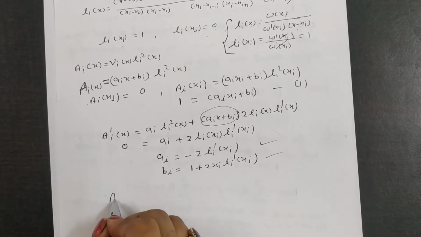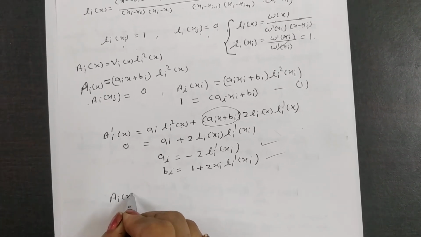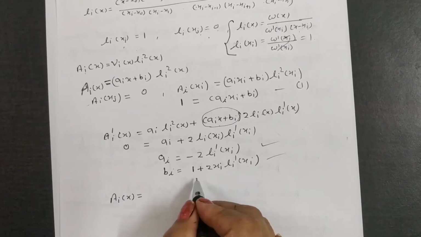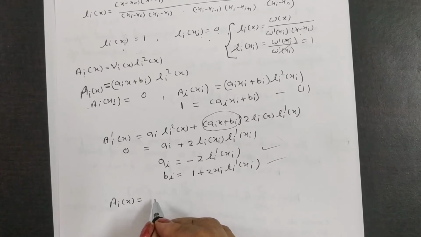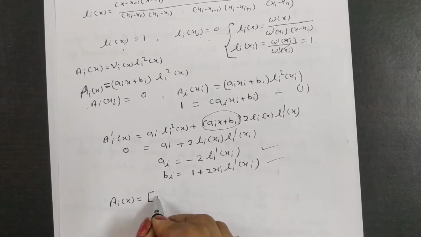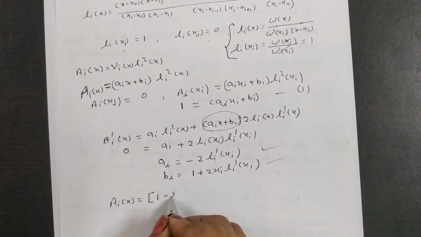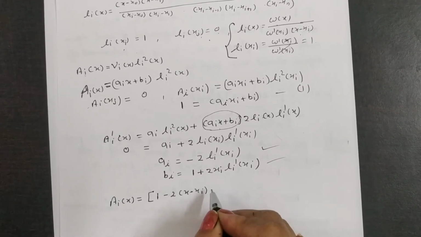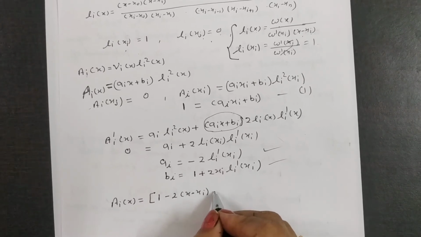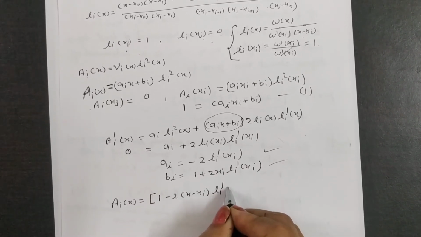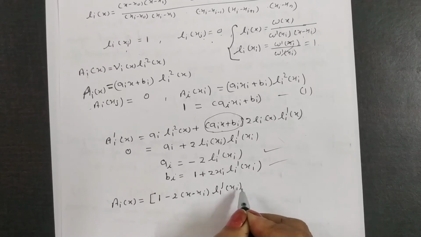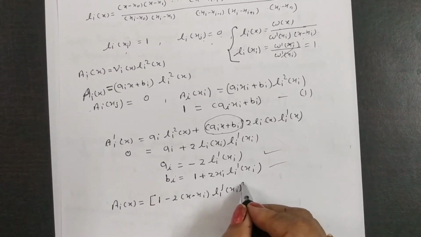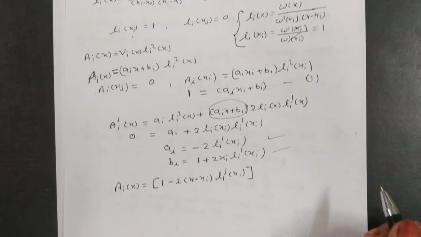You get 1 minus 2 times x minus xi, multiplied by li dash xi. Yes, clear?